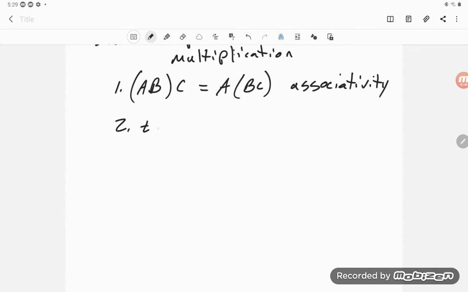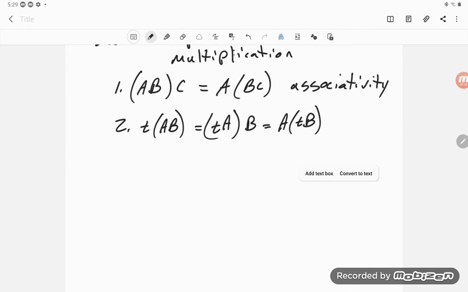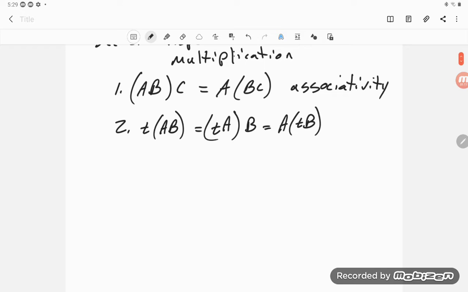Now, if we have our scalar multiplication here, that scalar can kind of go anywhere. We could do it as t times A and then multiply by B, or we could do the t times B first and then multiply by A. But notice everything is in the same direction.